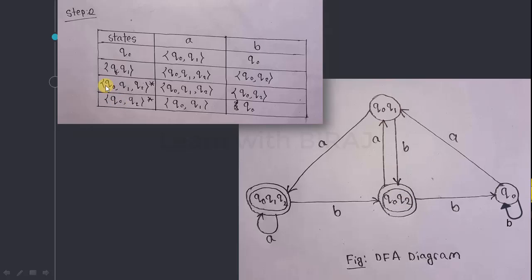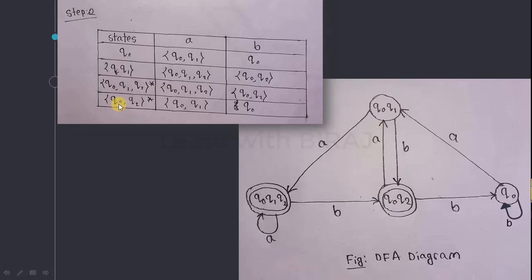The next state Q0, Q1, Q2 with A input goes to itself, Q0, Q1, Q2, and with B input it goes to Q0, Q2.